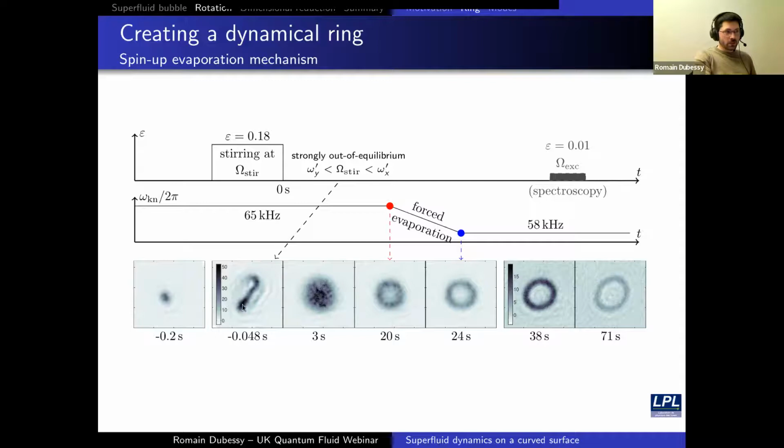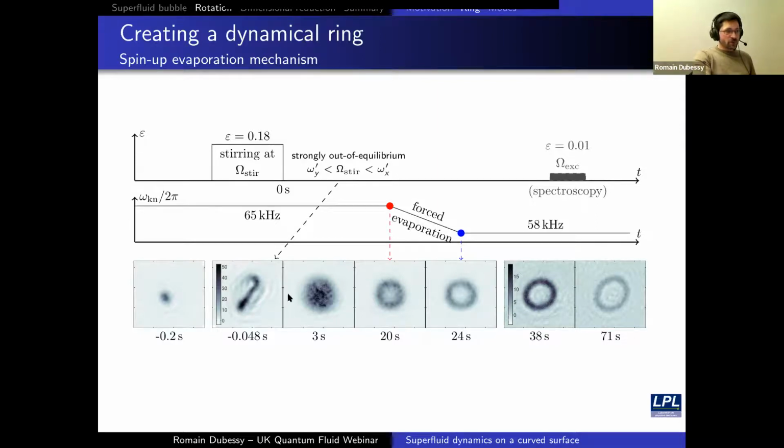And in fact, what happens is that we have a rotation frequency that is larger than the confinement frequency in the weak direction when the anisotropy is on, whereas it's still lower than the strongly confined direction, and it results in this very anisotropic cloud that is rotating.